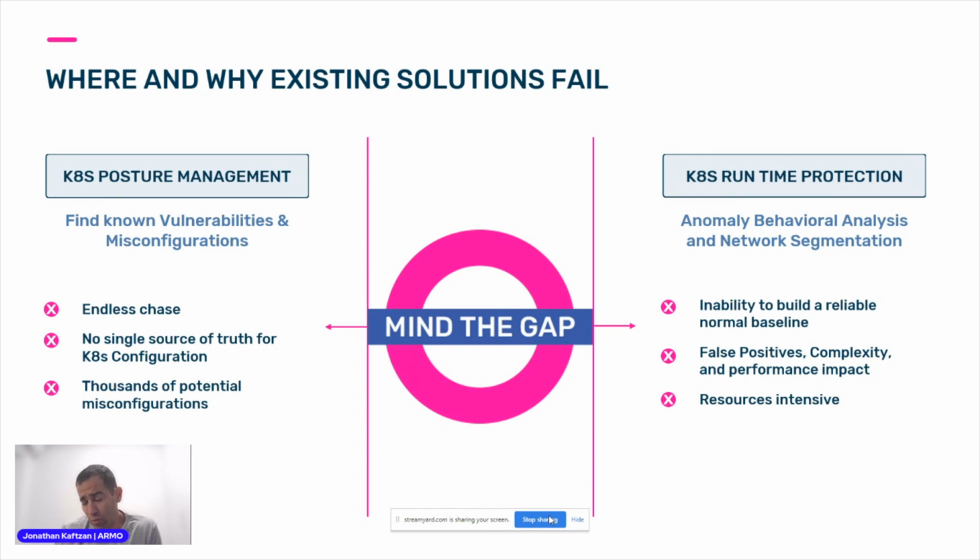When we're dealing with runtime protection, most of the solutions in this space are based on trying to understand what normal is against what is not normal, what an anomaly is. That also creates a lot of problems, right? How can you define a baseline on a platform that keeps changing all the time?